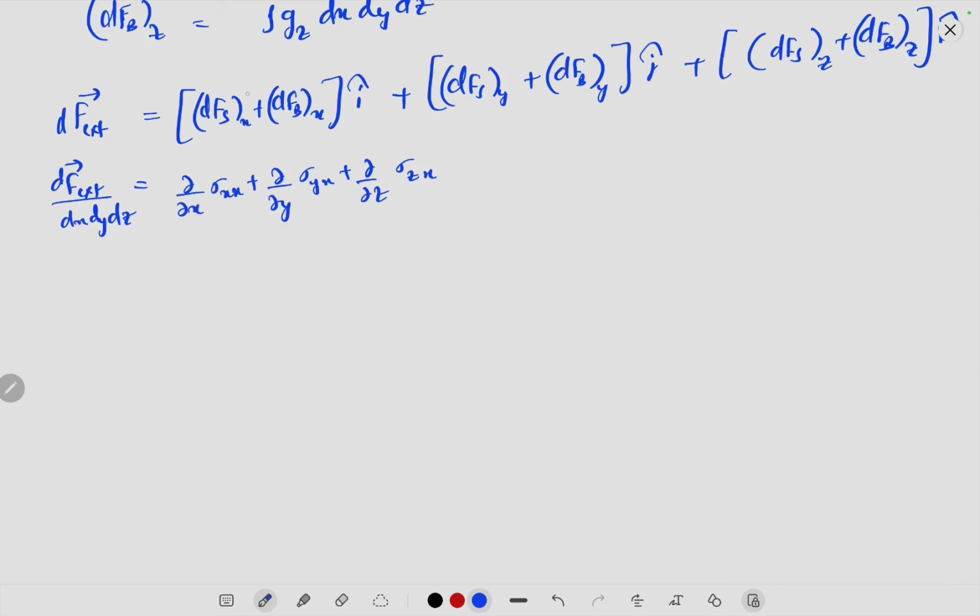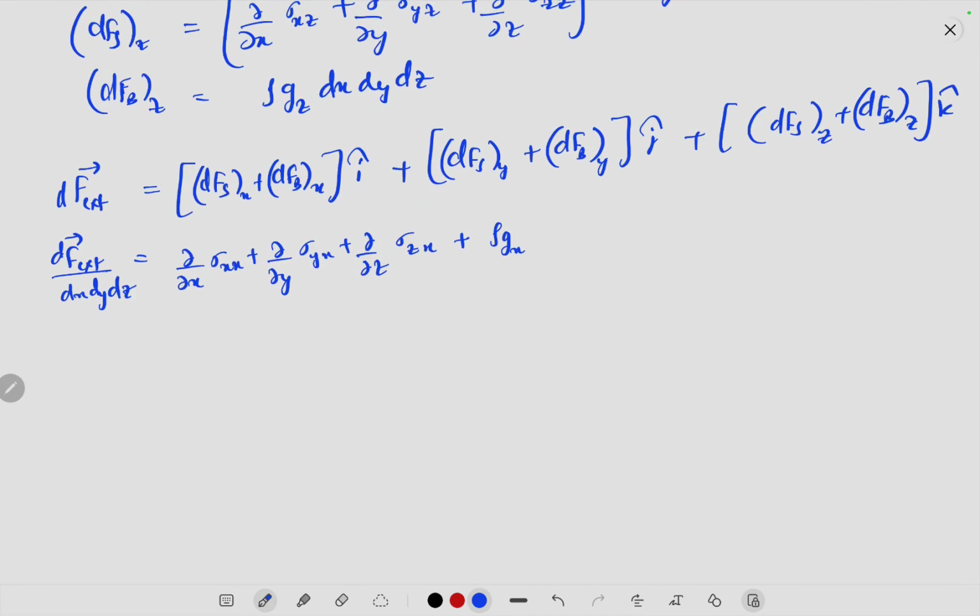So this was dfsx. Now what is dfbx? Dfbx is rho gx times dx dy dz, which we have already taken here. Now similarly, I can write the other terms.